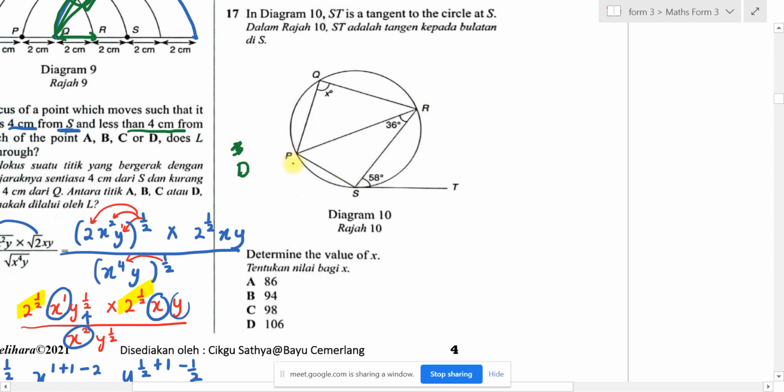If x is here, then this whole thing must be x lah. So I seriously need to know how much this is. Let's say I assume this is 90 degrees, let's say lah. Cannot be also. Plus 36 minus answer.